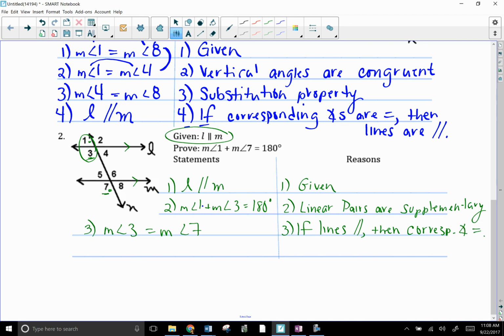And now, if 3 equals 7, that means 7 can replace 3. So now I can rewrite step 2 with a 7 instead of a 3. So if 1 plus 3 equals 180, now I get to say instead 1 plus 7 is 180. And that is the substitution property.